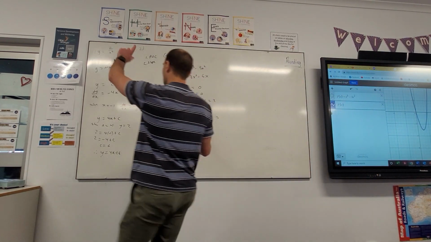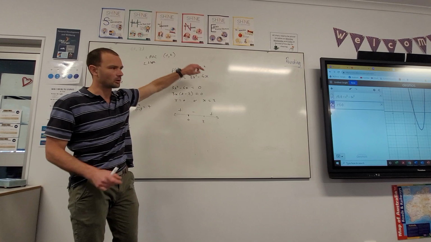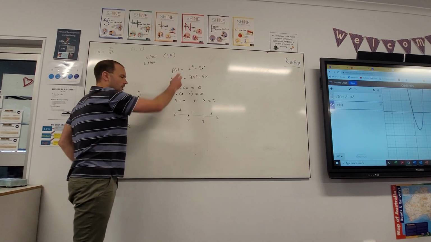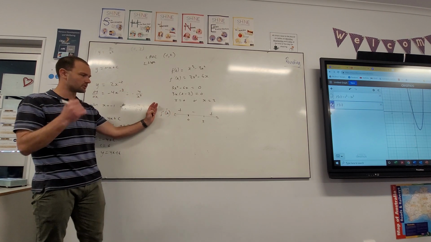Okay, so now let's answer the question. Where is the original function increasing and decreasing? Remember, we're not looking at this one going, oh, it's going down. We're talking about the original function. We're using the derivative function to make statements about the original function.